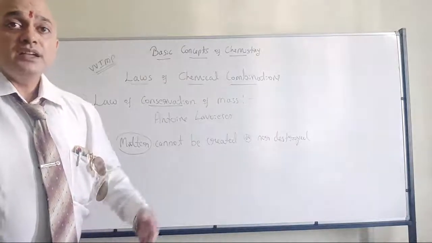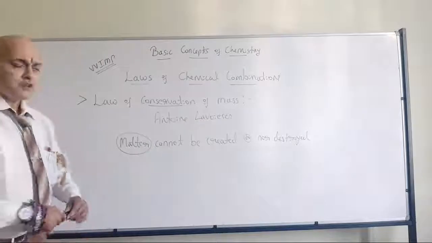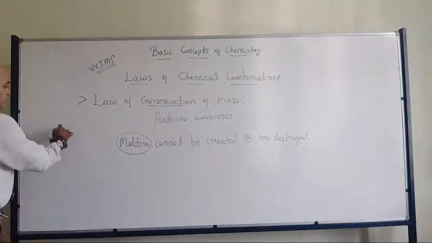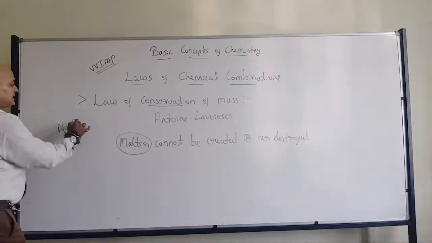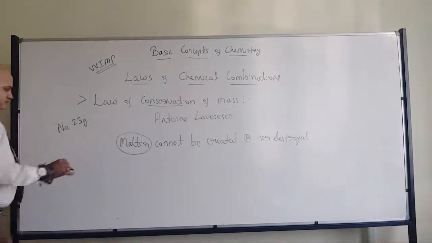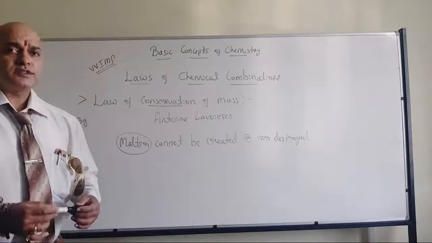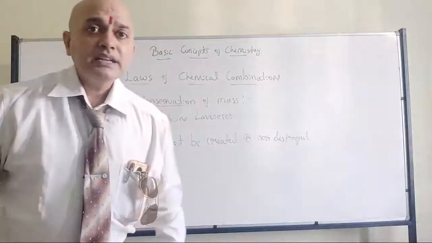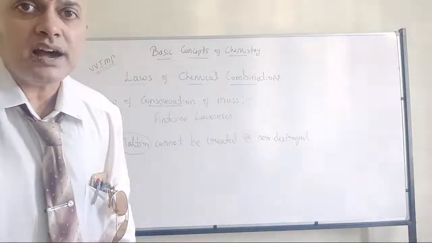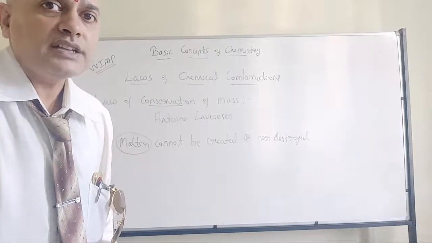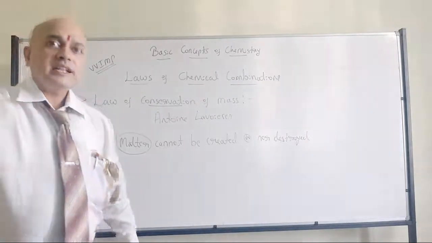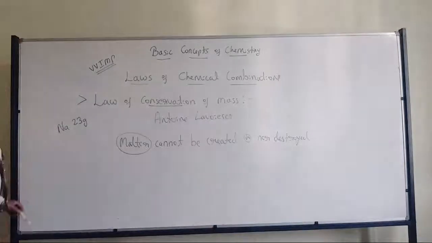That means if I have sodium as one of the elements, what is the mass? Mass is 23 gram. If I take it in terms of mole, so I have the 23 gram. No, Stephen, that's what I mean to tell. That is a different story. I will come to that. So sodium 23 gram.